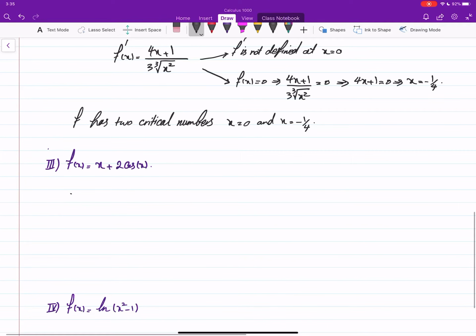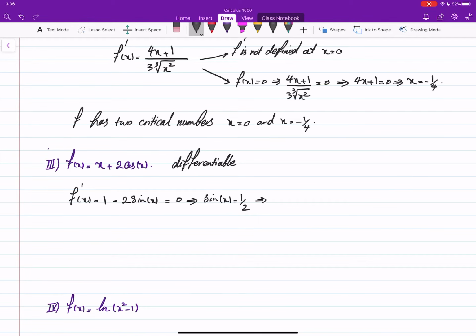Well, this is differentiable everywhere, so we have to look for the points which make the derivative 0. So f prime of x is 1 minus 2 sine x. Set it equal to 0, and this gives us sine x is equal to 1 over 2.